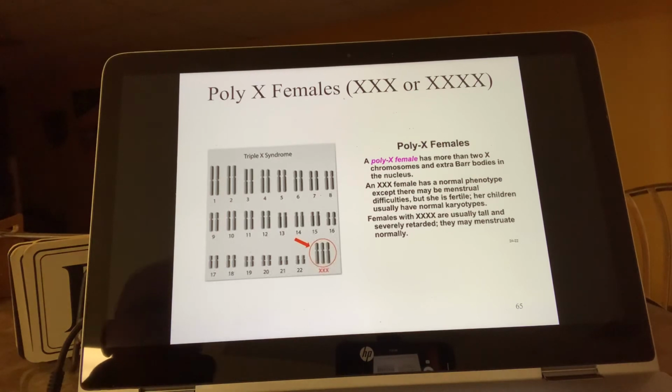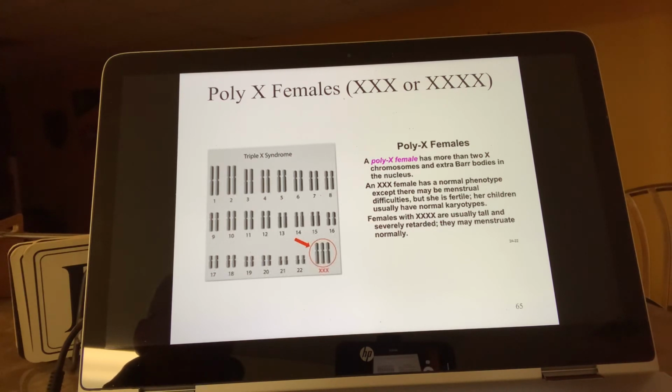And then poly-X females is also a trisomic condition, but in this case, it's caused by an extra X chromosome. Generally, these poly-X females will have 3 X's, very, very rarely will have 4. This is extremely uncommon. Poly-X females are phenotypically female because they have no Y chromosome.